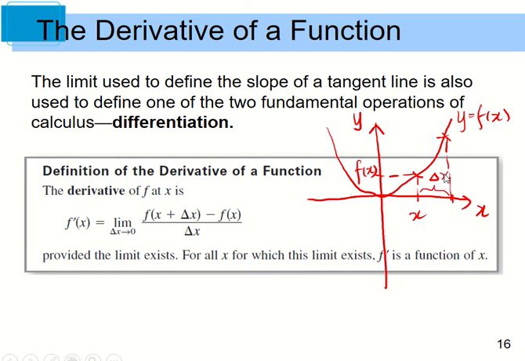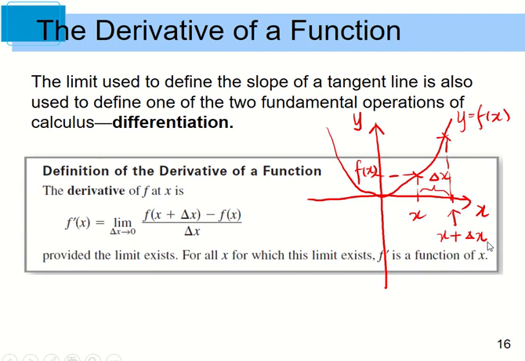So how do we label this point? We can label this point as x plus delta x, the difference of x. So we have this point.